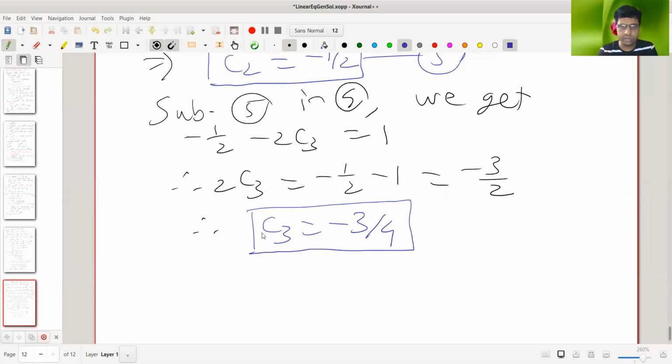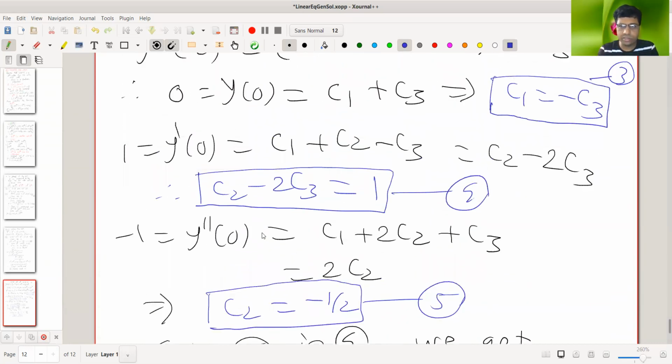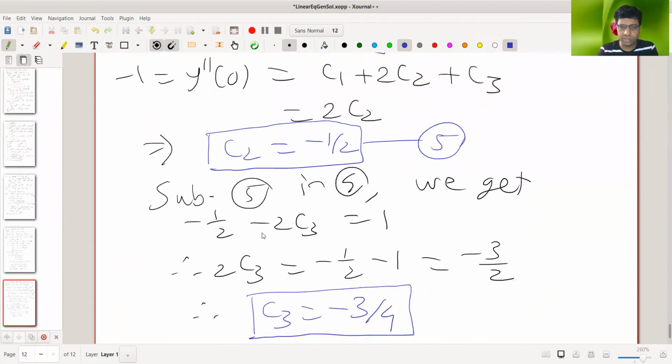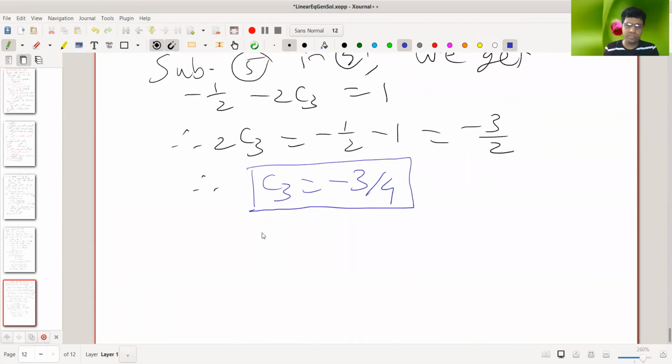And C1 is minus C3, therefore C1 is 3 by 4.